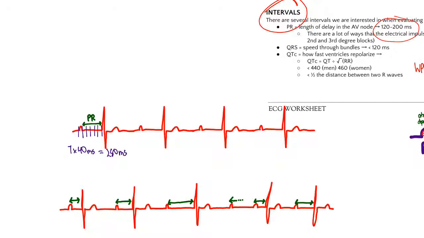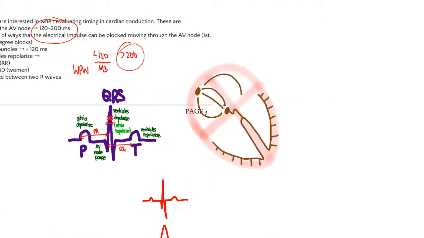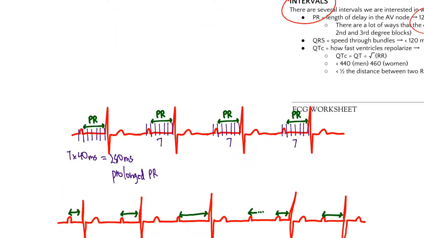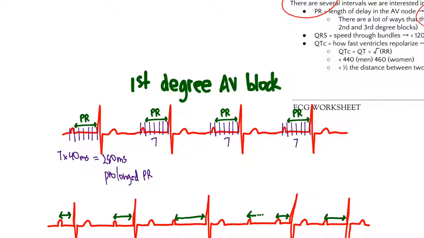So you have a prolonged PR. And if you look at all of the waveforms, they are all prolonged with 7 boxes, so 280 milliseconds. So what's happening here? What is usually happening in that case is that you have an excessive delay here in the AV node. So we call that an AV block. And this one we call a first degree AV block.